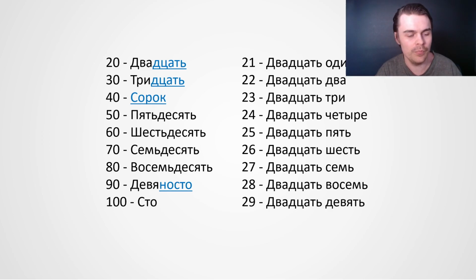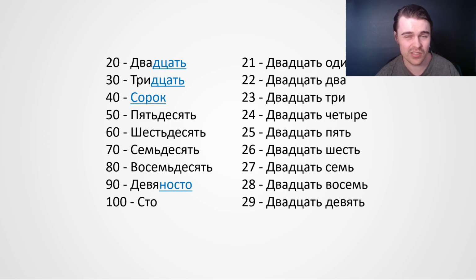Same thing with шестьдесят. That's 60. Then we continue this pattern and say семьдесят for 70, восемьдесят for 80, and then we change again. Don't know why. Whoever invented this, девяносто is 90. You don't say девятьдесят, I guess because it sounds kind of weird.